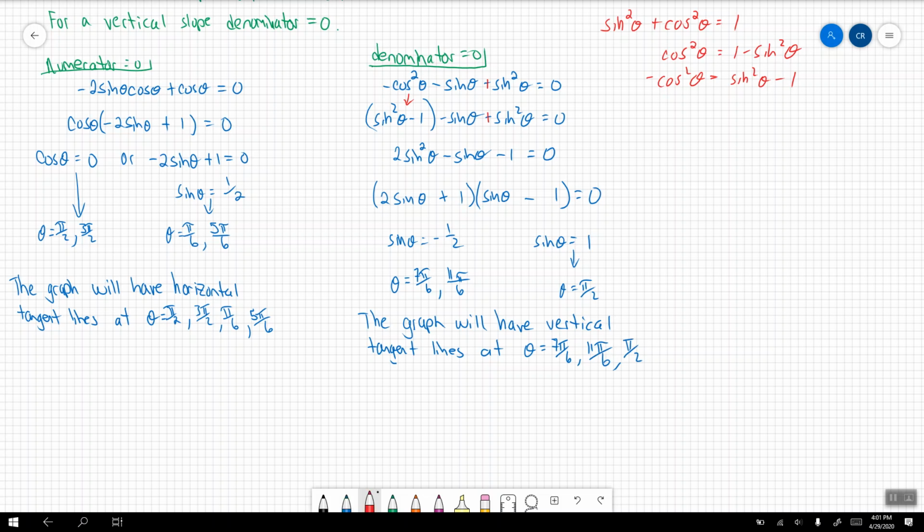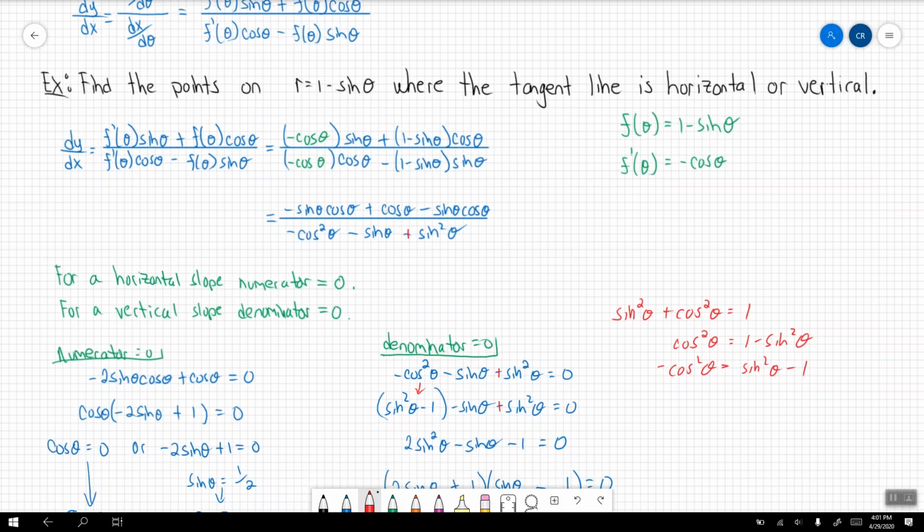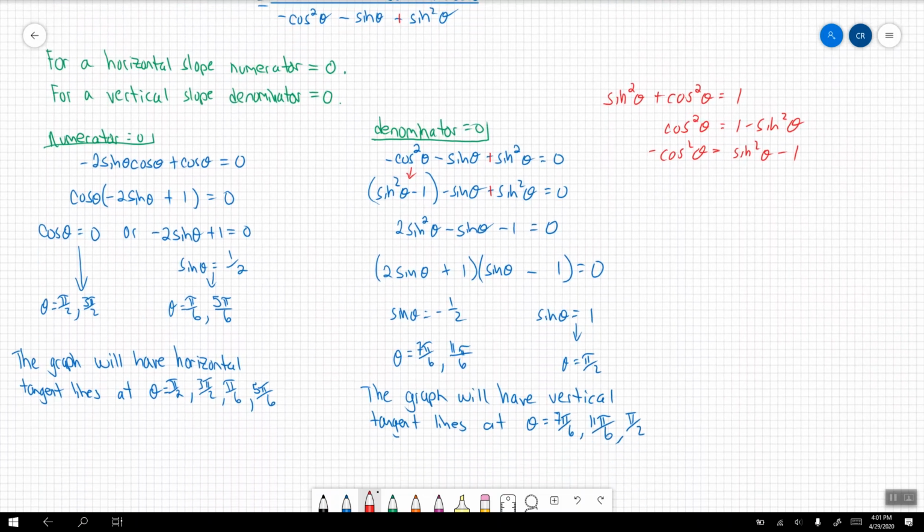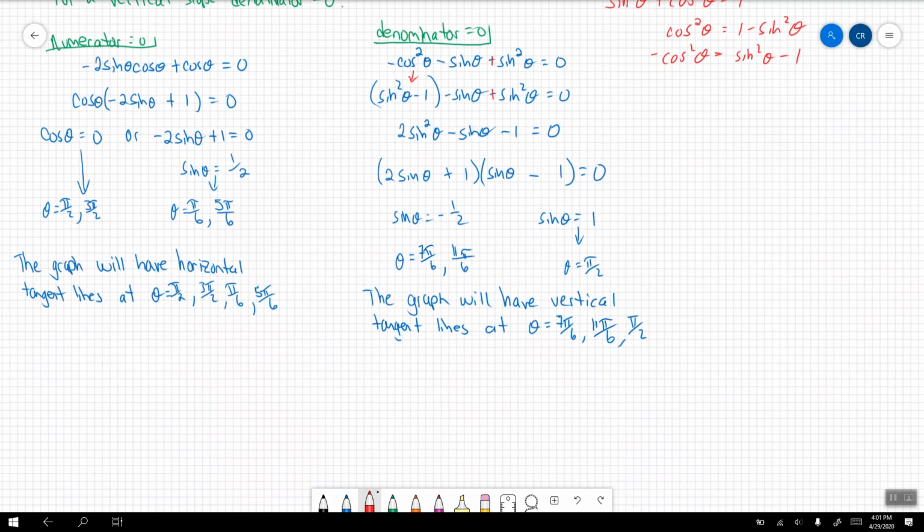Now, before we say this is the answer to the question, this is actually not the answer just yet. We have done a lot of work to show what we have so far, but there is an issue here. What is that issue? How can we have a horizontal tangent and a vertical tangent at the exact same angle measurement?